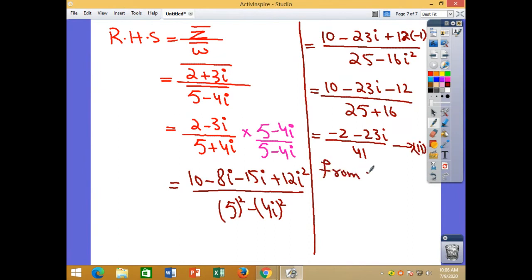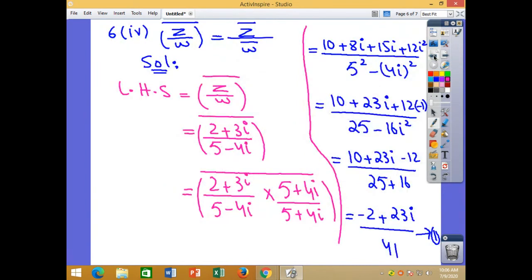From 1 and 2, what do we see? We see that the left hand side is equal to the right hand side. In equation number 1 we didn't take the conjugate on the whole.